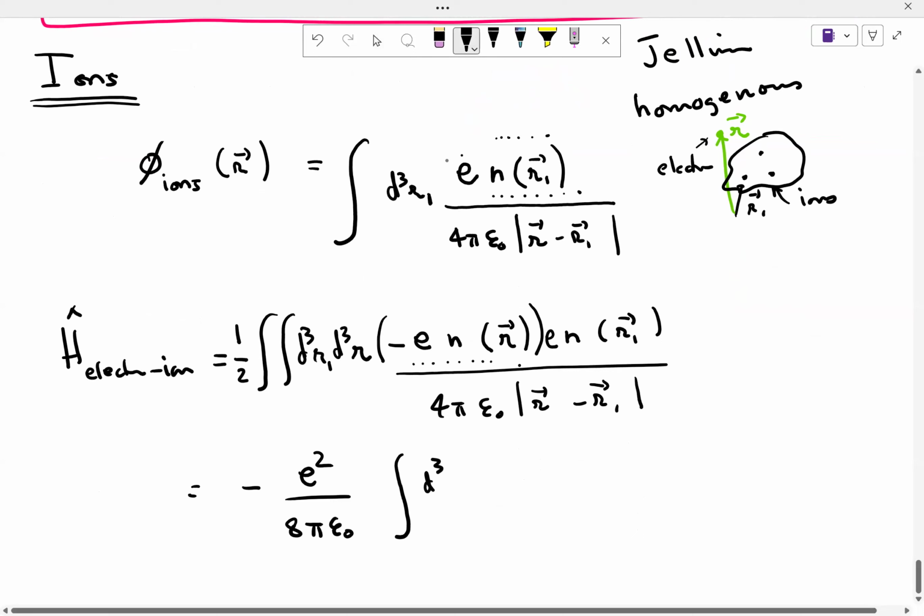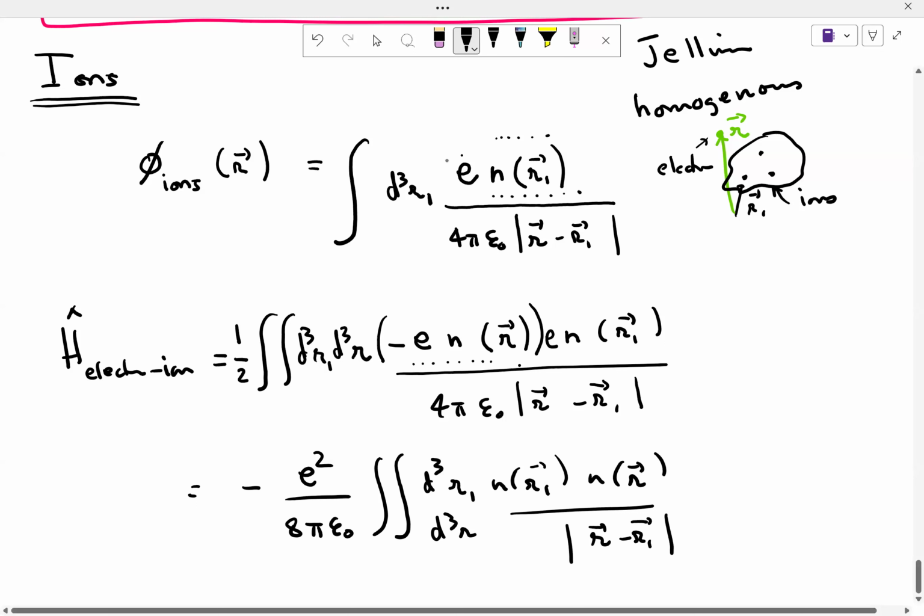We can separate out the impact of... after not right now, d cube r and r over r minus r1, or you can use r prime as well.